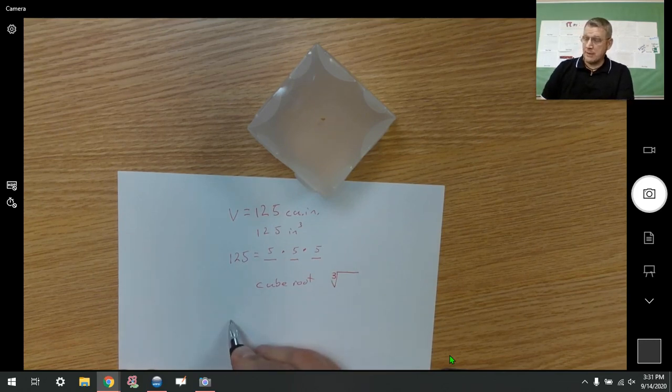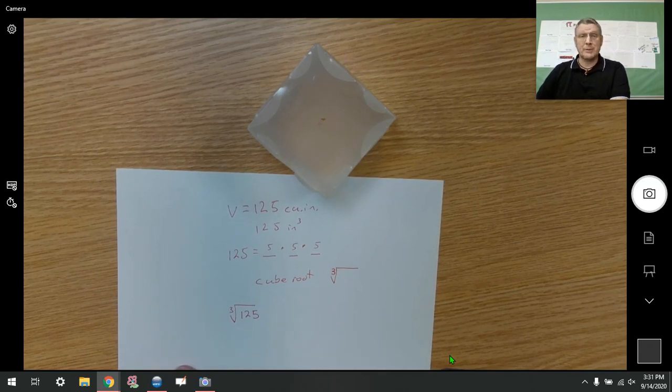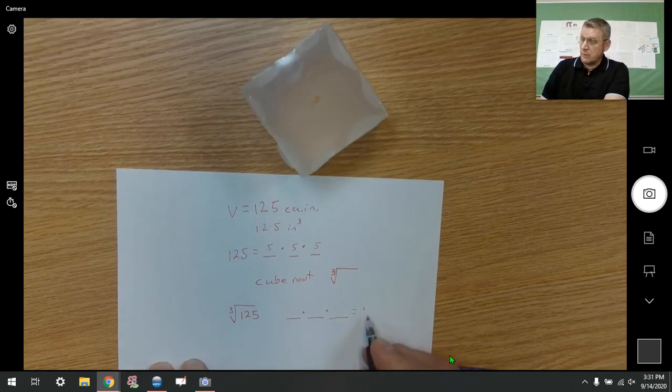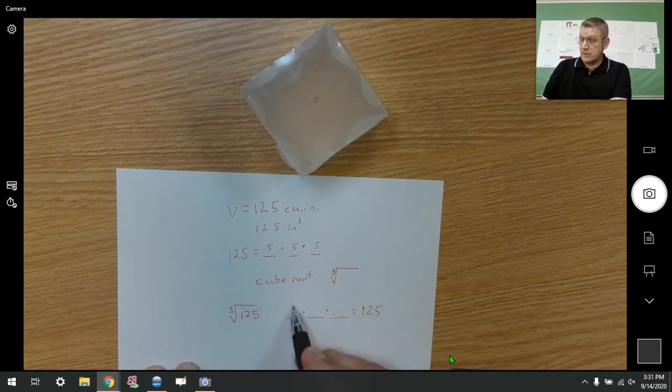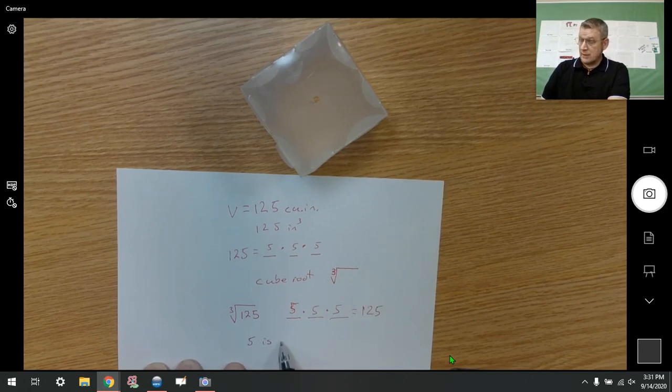And when we see something written like this, the cube root of 125, that simply asks what times itself three times will give me 125. And we just discussed it, that's the number 5. So 5 is the cube root of 125.